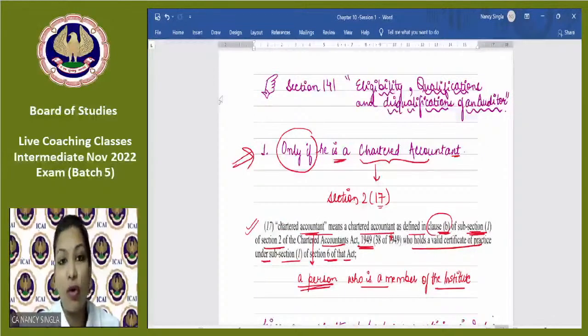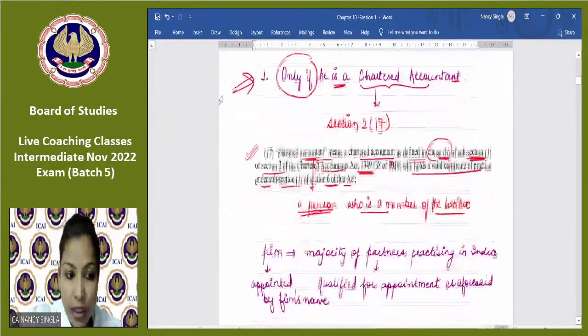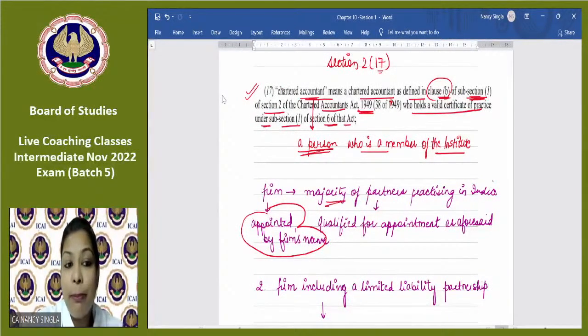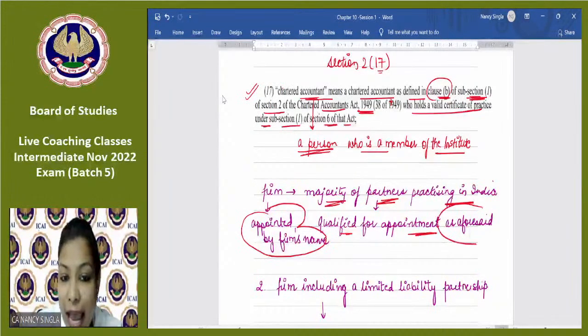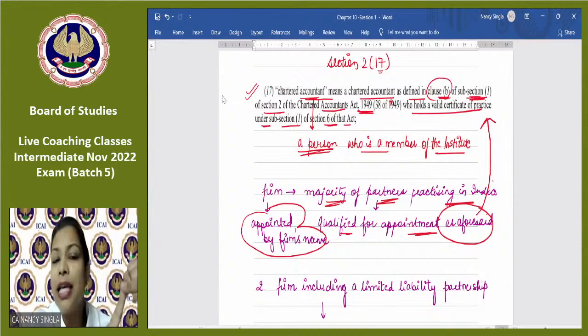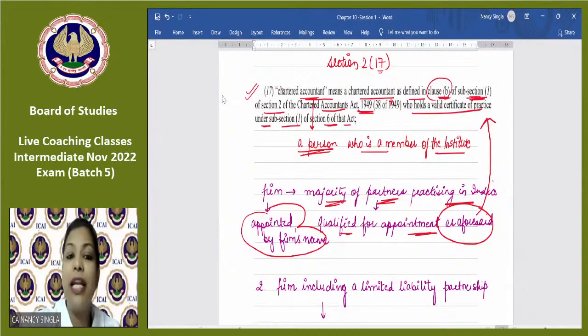So if a firm of chartered accountants is to be appointed as an auditor, that is, the appointment is to be made in the firm's name, then if the majority of the partners practicing in India are qualified for appointment as aforesaid, that means the majority of the partners are practicing chartered accountants holding a valid certificate of practice, then the appointment of the firm as an auditor can be made in the firm's name. Clear? Very simple.